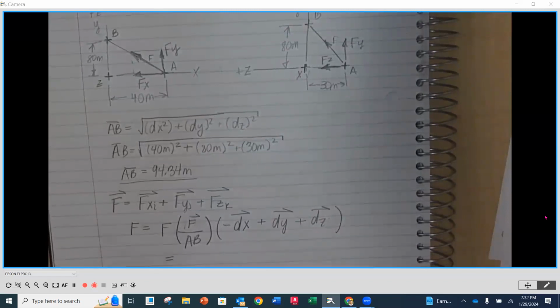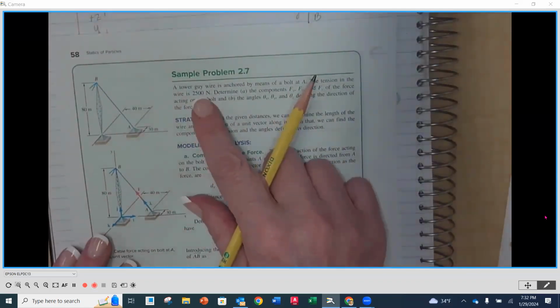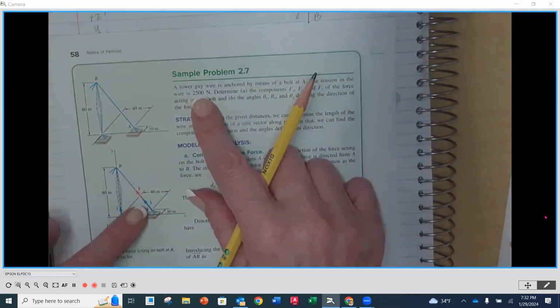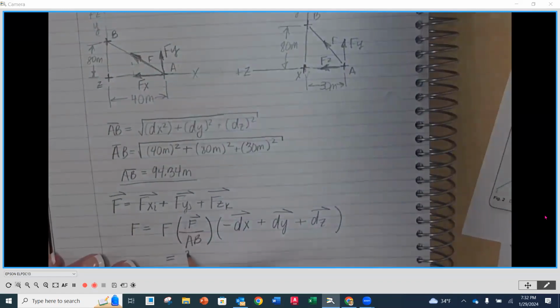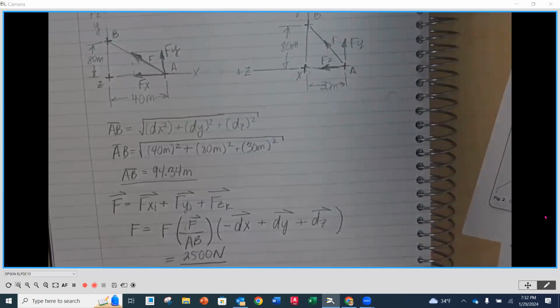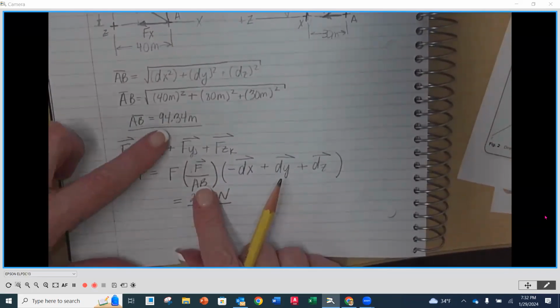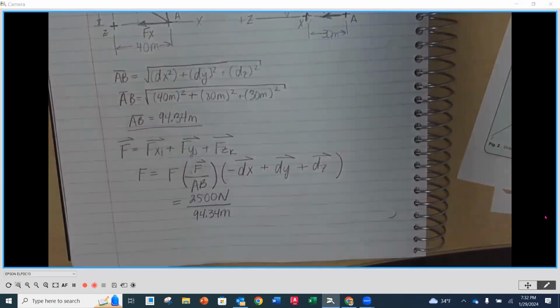Now, putting our values in here, this is going to be the vector value of the F. The F in our problem, it told us that the tension in the guy wire is 2,500 newtons along that line. So that's going to be our F on the top here. So 2,500 newtons divided by, and this is going to be our AB value of 94.34 meters, okay?